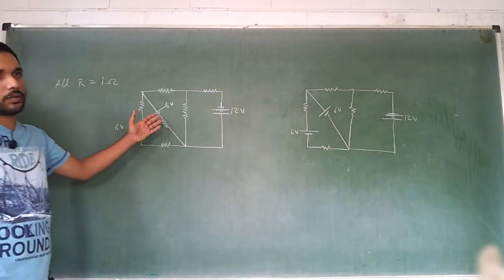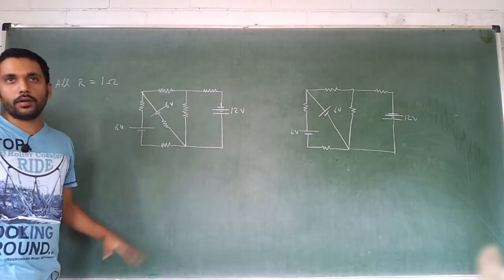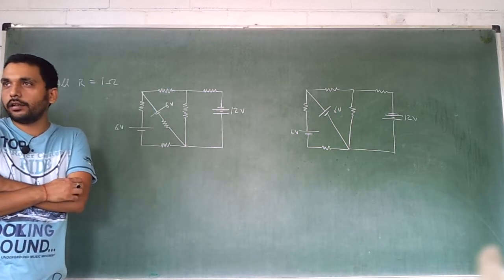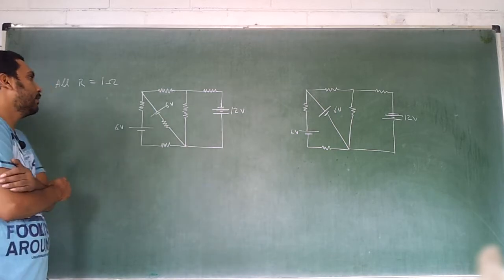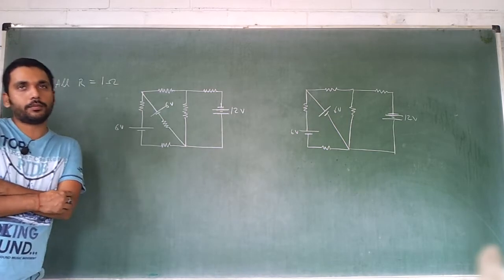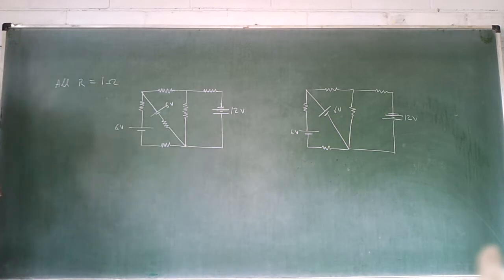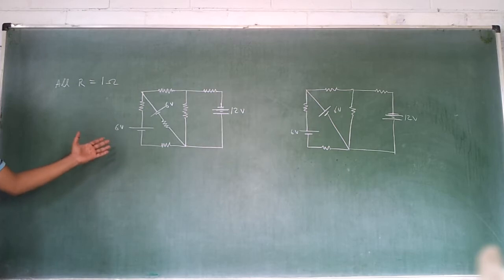Suppose this resistance was not there, any one is missing, okay? The circuit becomes completely different. If you are writing Kirchhoff law, you'll have to do the same number of steps and you will get the answer. But this is a much simpler circuit. This one is also quite simple.